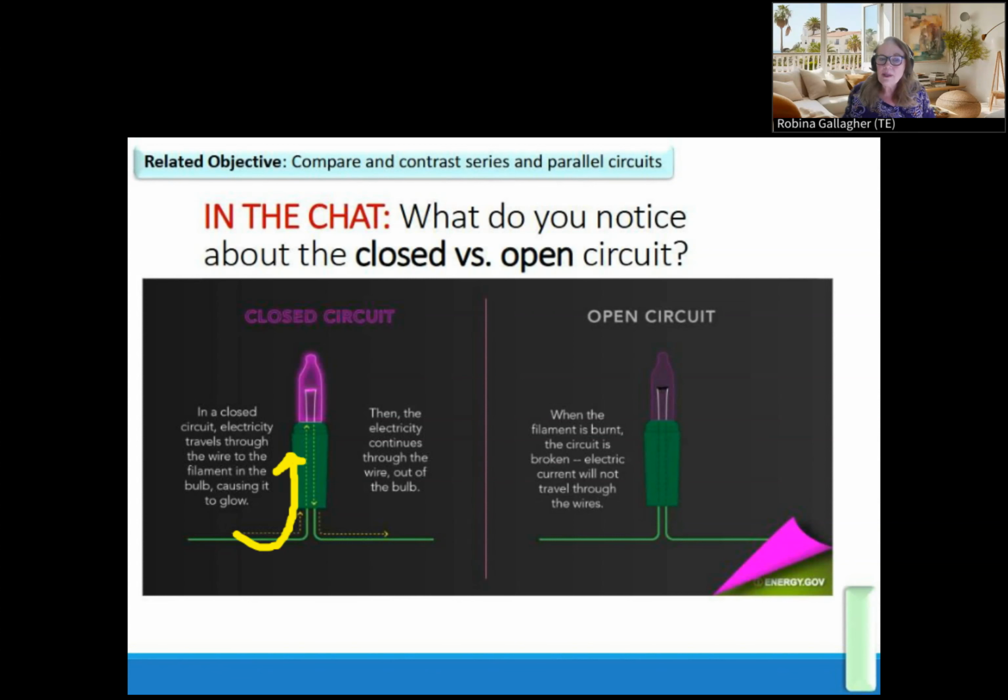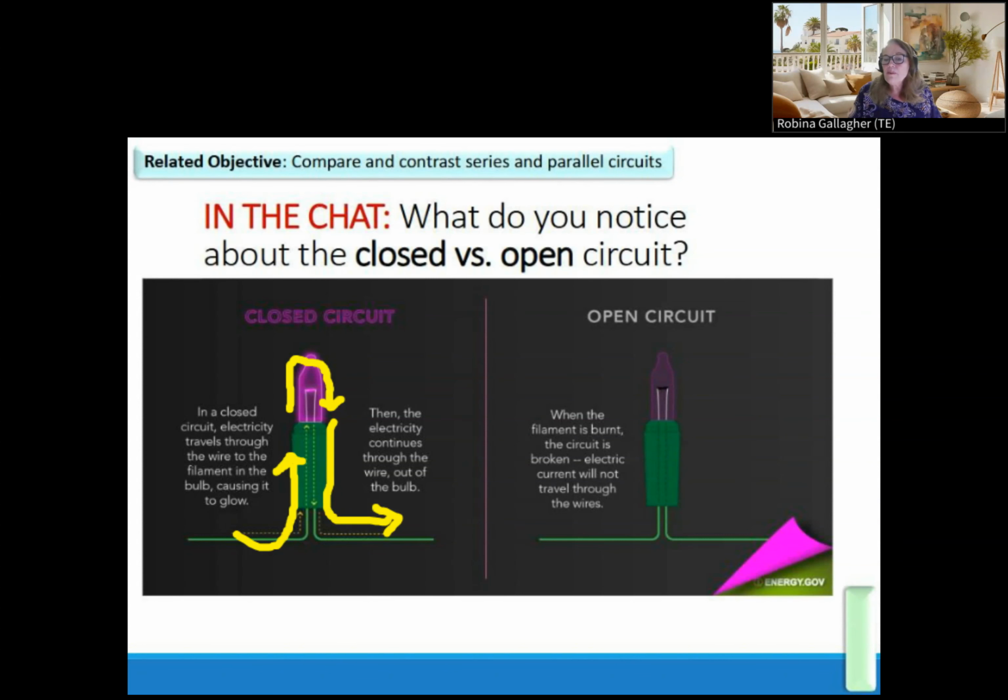This filament is a thin piece of wire that the electrons flow through, and it lights up and burns brightly, and that's what gives us our light. Then the electrons exit with a different wire out, and go wherever it's going. So that's a filament in an incandescent light.